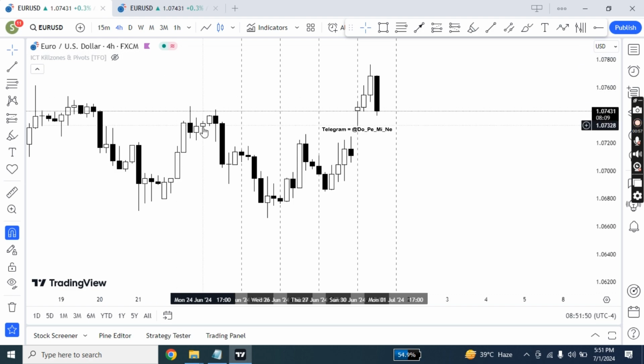So we're gonna obviously start off with key opening times right here, and you know that the daily candle opens and closes at 17 Eastern time, or 5 p.m. Eastern time.